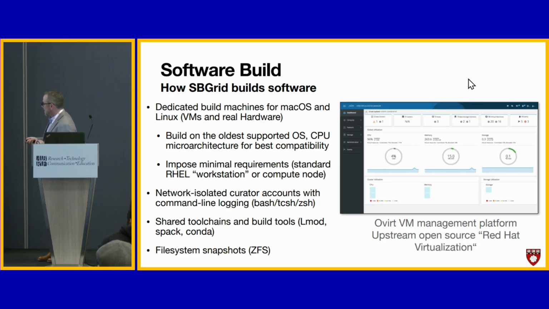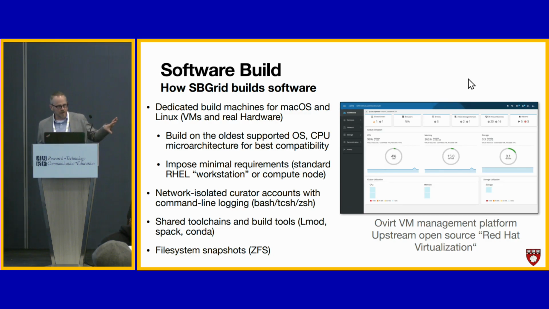We isolate everything within HMS, so all of our curators, we have our own VLAN. SBGrid within HMS, we have our own firewall, our own network, our own VLANs, so all of the software curation sits on its own independent network. No users log in over there, no users have access to that network, and that's done mostly with security in mind, but it also allows us to build in specialized logging.